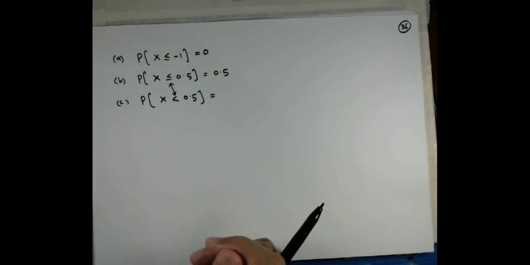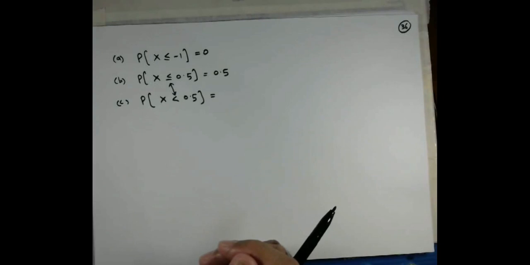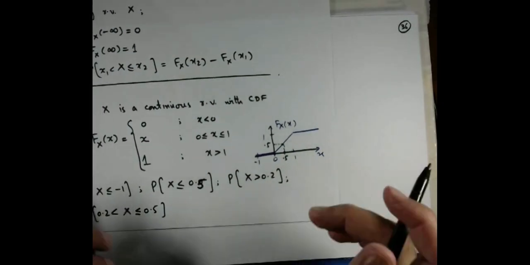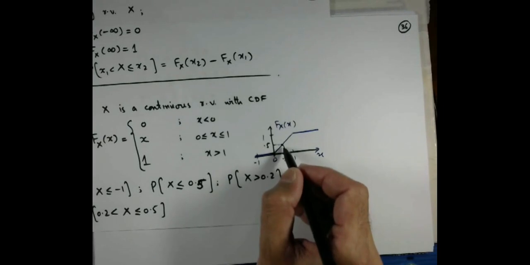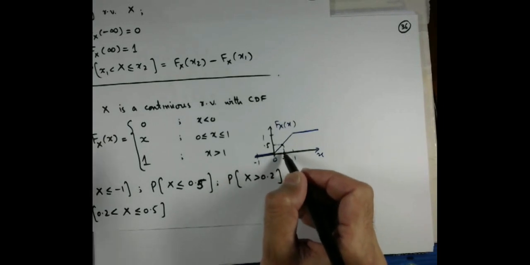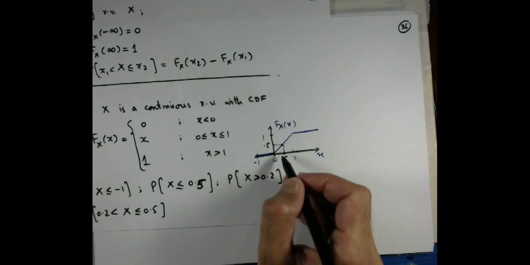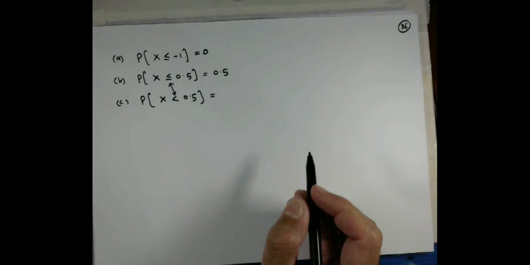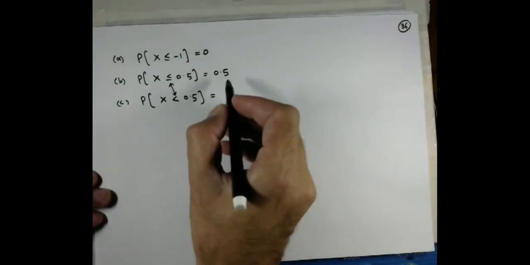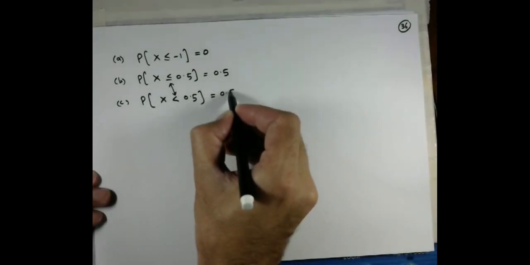Because we have already discussed that the probability of a point for a continuous random variable is always equal to 0. So just imagine you take probability till x equal to 0.5, and just a little below that, the total is the same because of the continuous nature of the random variable. So we'll also write this as 0.5.